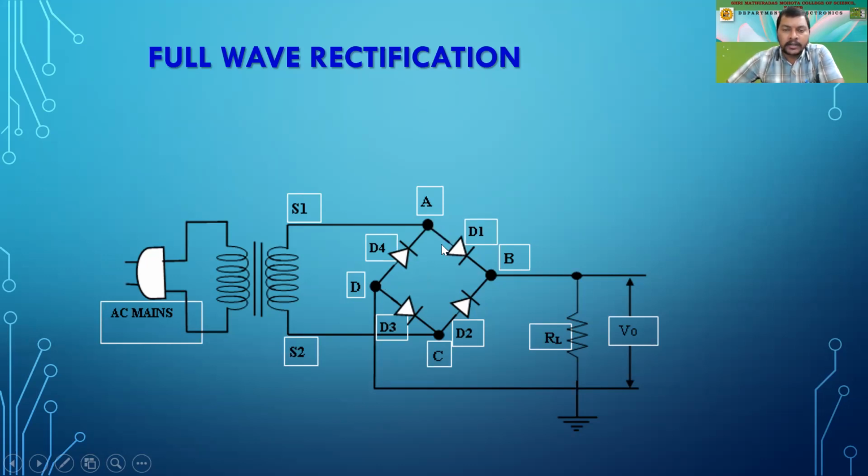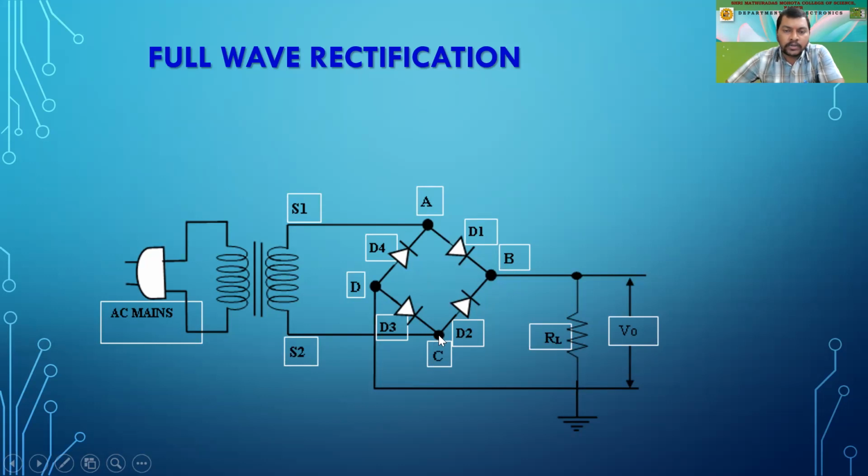The anode of D1 is connected to A, whereas the cathode of D1 is connected to B. Similarly, for D2, the cathode is connected common to terminal B, and the anode of D2 is connected to node C, right?